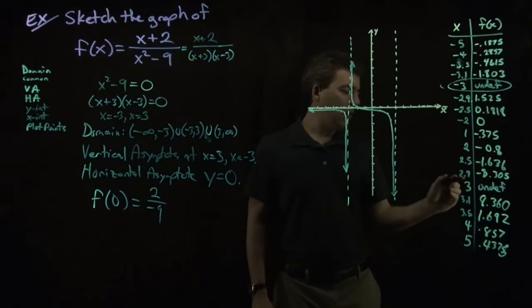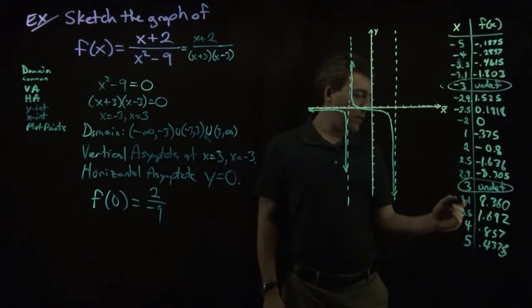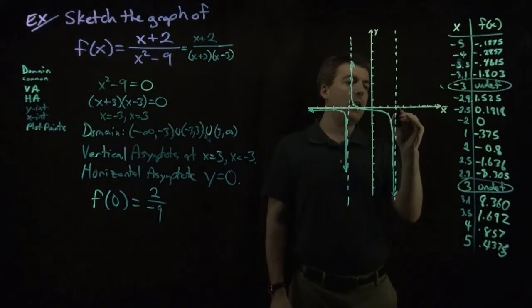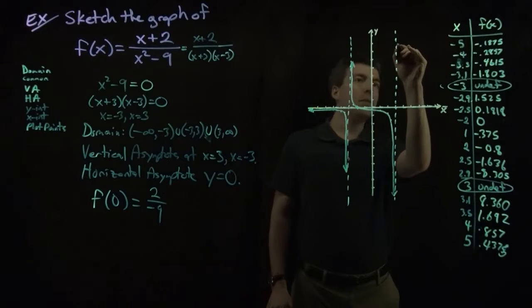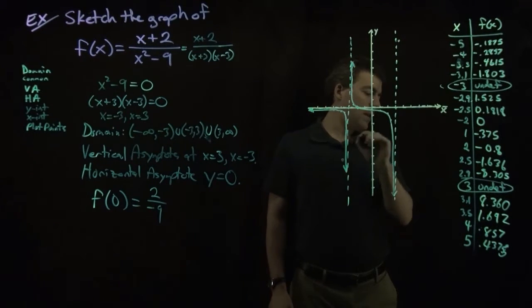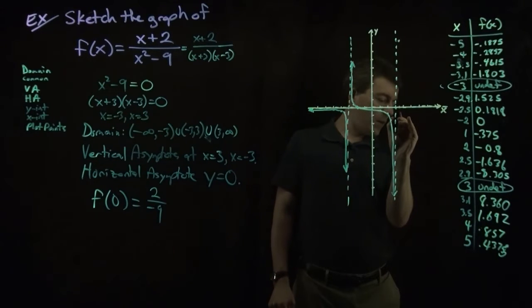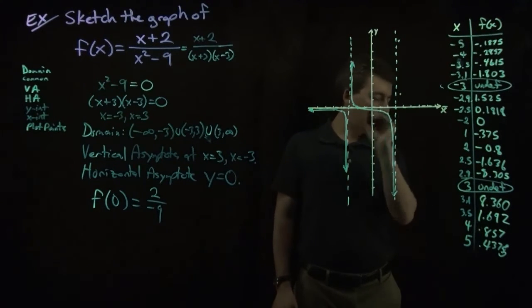Okay, and after the vertical asymptote, at 3.1 we have 8. So 1, 2, 3, 4, 5, 6, 7, 8. At 3.5, we have 1.7.